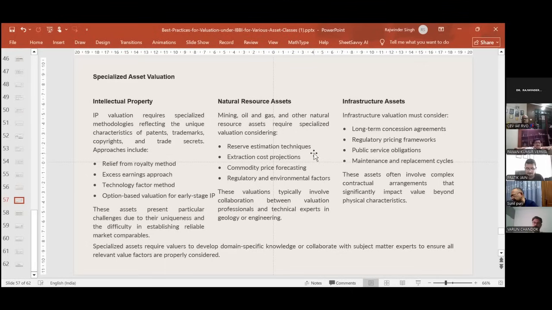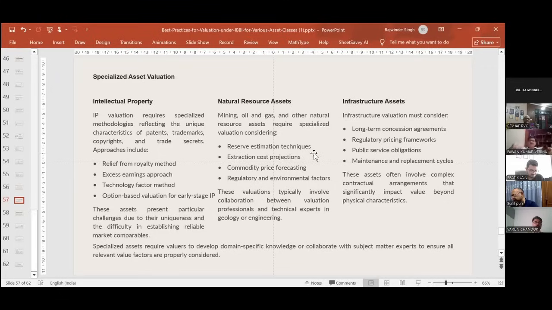As an IBBI valuer, you may not be able to do the valuation if you do not have knowledge of that particular asset. But in today's scenario, you must be conversant with these things. First, you must know what intellectual property valuation is.